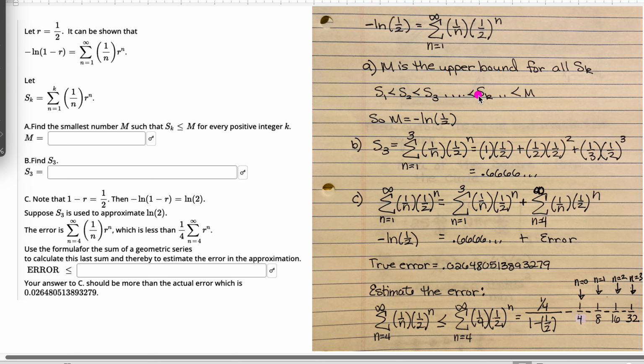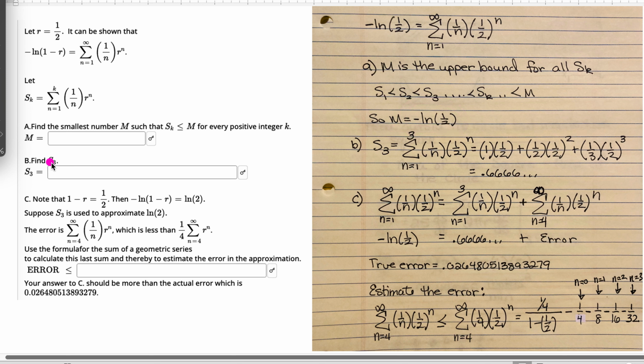So every time I take a partial sum that's higher than the last, I'm going to get closer and closer to negative natural log of 1/2. So the upper bound is going to be what the series converges to. So we're going to say that m is negative natural log of 1/2.